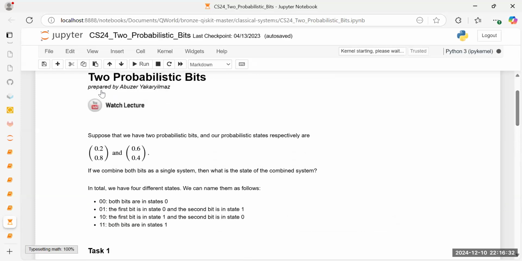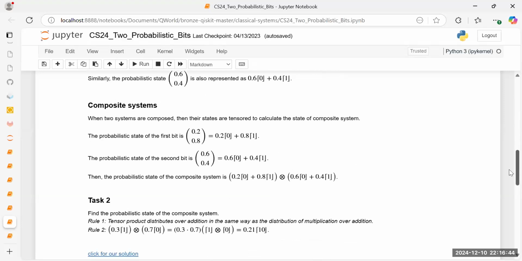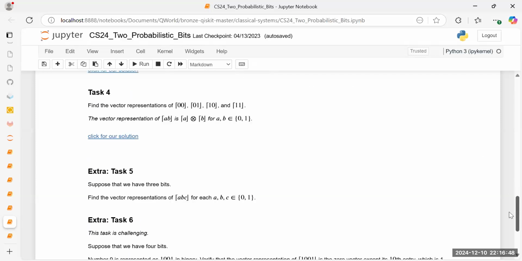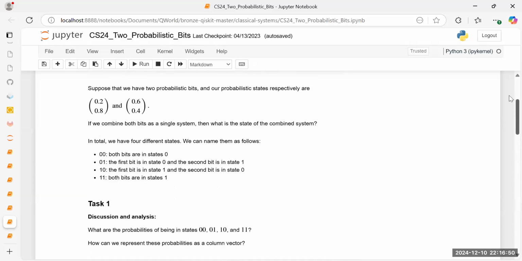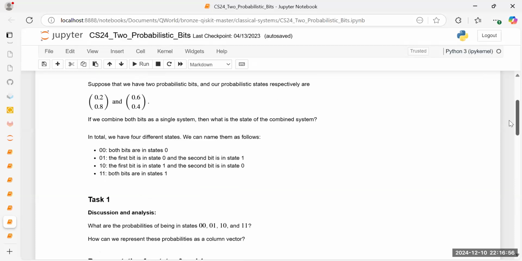Okay, then we went on to look at two probabilistic bits, whereby instead of dealing with separate coins or separate probabilistic bits, we can combine them. So we do that by taking a tensor product. So initially, we have two-dimensional vectors here.